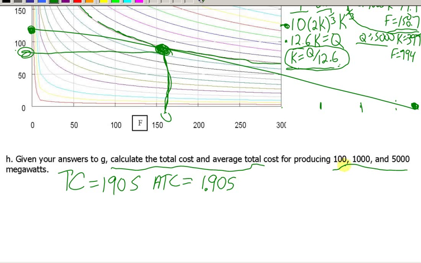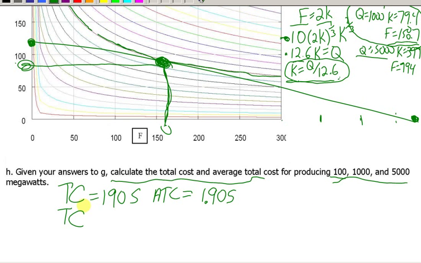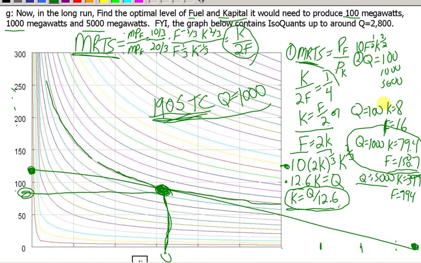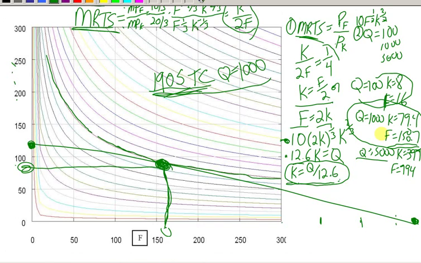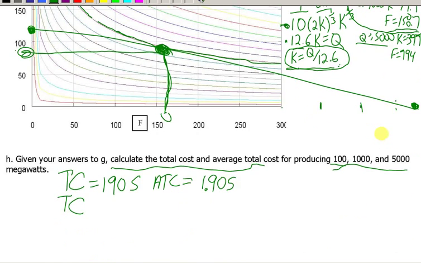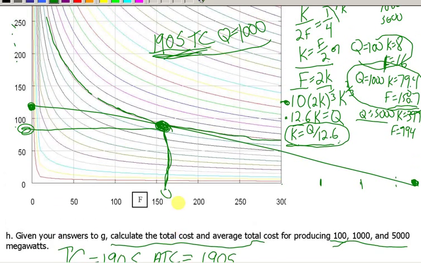For producing 100, the total cost is going to be, just plug in, calculate the cost for buying 8 capitals and 16 fuels. And what you're going to find is that that total cost is $190.50, and the average total cost is going to be the same, I believe. Let's check that to make absolutely sure that I'm telling you the right thing.